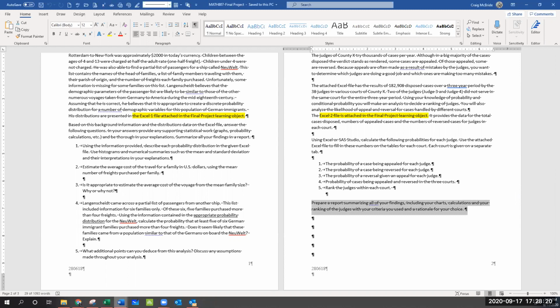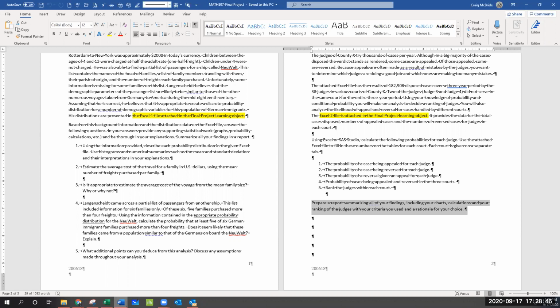I mean, you're obviously looking at judges, and you're looking at the probability of their cases being appealed, the probability of their cases being reversed, and then the probability of a reversal given an appeal. So conditional probability, and then the probability of cases being appealed and reversed in the 3 courts is basically probabilities of the whole group, not judge by judge.